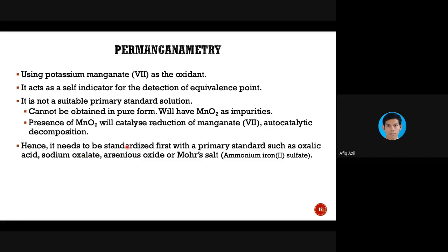So it needs to be standardized first, okay, before using, with a primary standard such as oxalic acid, sodium oxalate, arsenious oxide, or you can also titrate with ammonium iron sulfate just to standardize first. You can prepare it, but then we have to make sure that the solution that you prepare, this potassium permanganate, has exactly the concentration, okay, as the theoretical value.